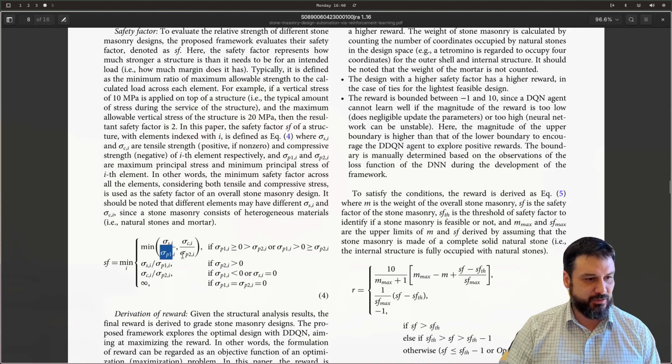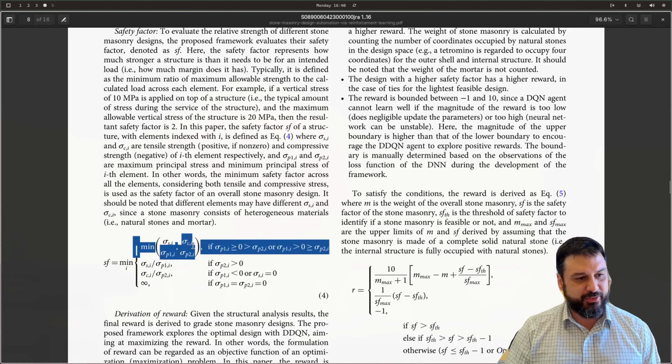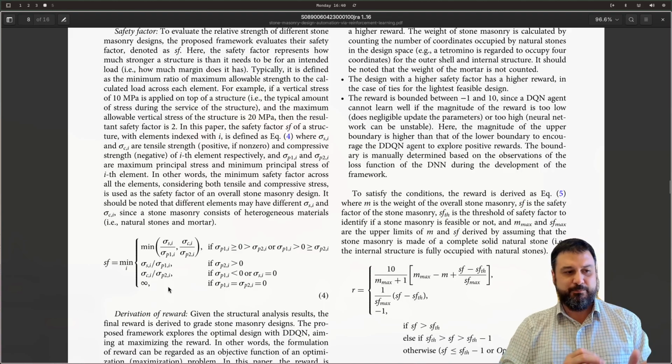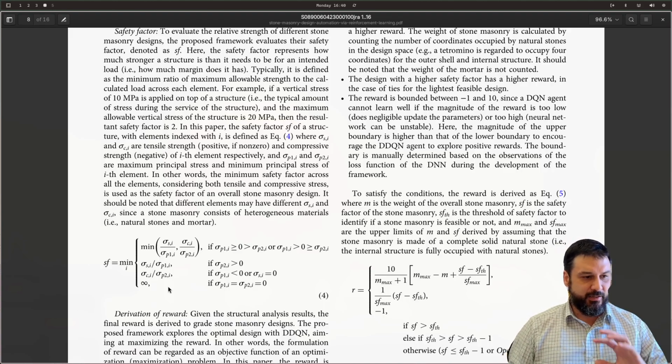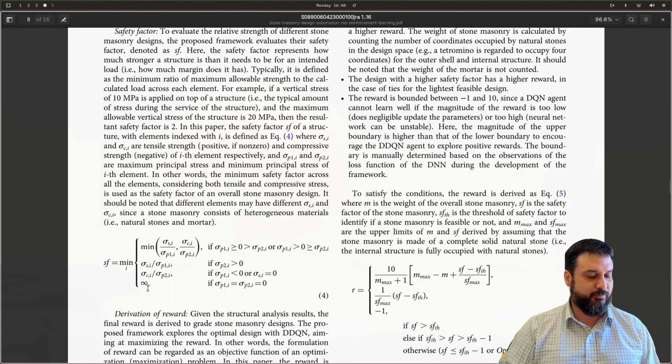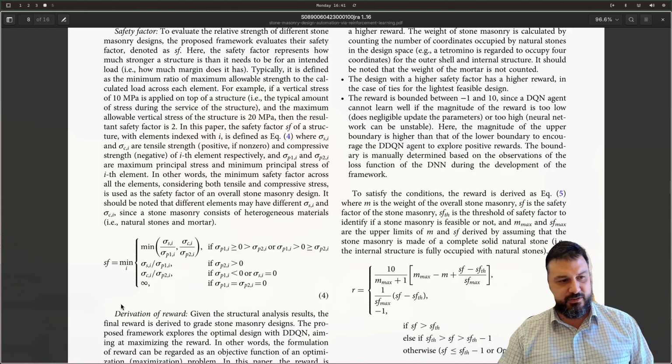So this one would be tension, this one would be compression, and they compare those with a predefined resistance. So this is a simple rule to compute a safety factor, and they compute that over the whole structure, and then the minimum value of all of these will be the safety factor. So that has to be above 2.